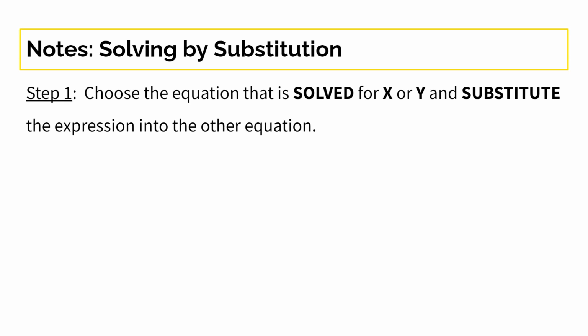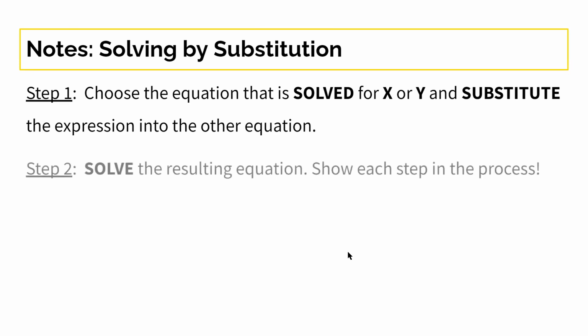So step one is the substitution step. We choose the equation that's already been solved for one of the variables. We take the right-hand side of that equation and substitute it into the other equation. This should give us an expression that only has one variable in it, all x's or all y's.